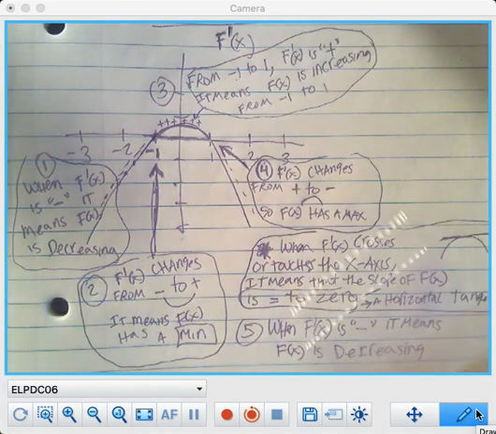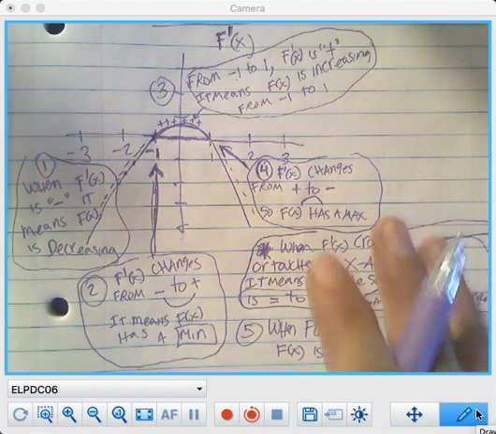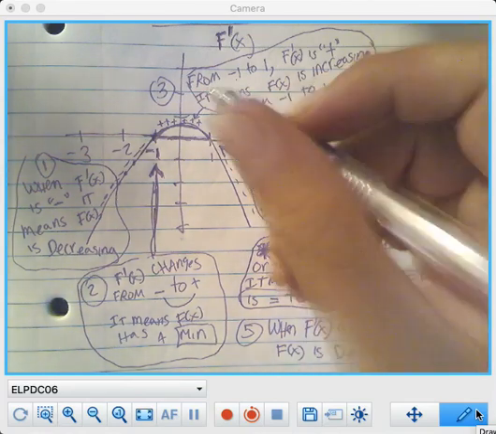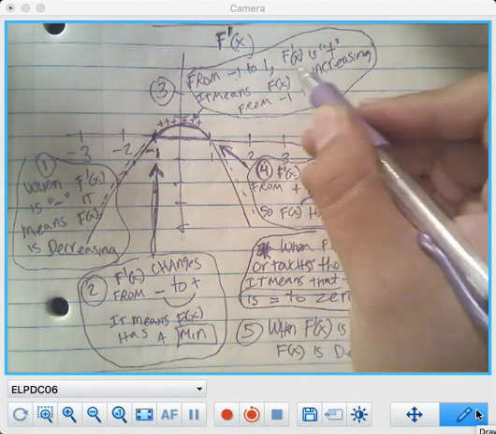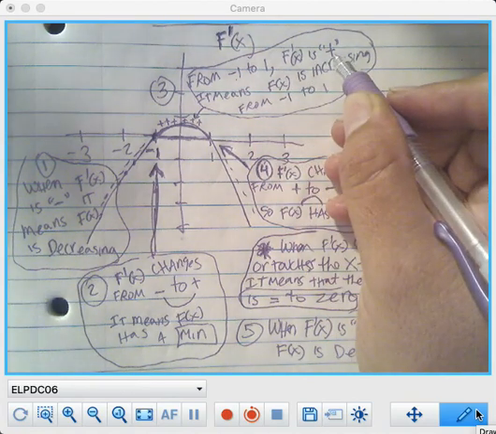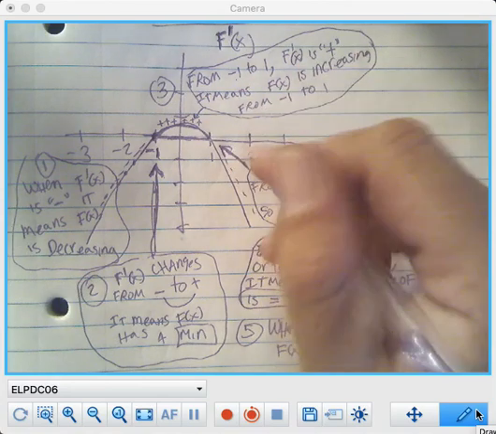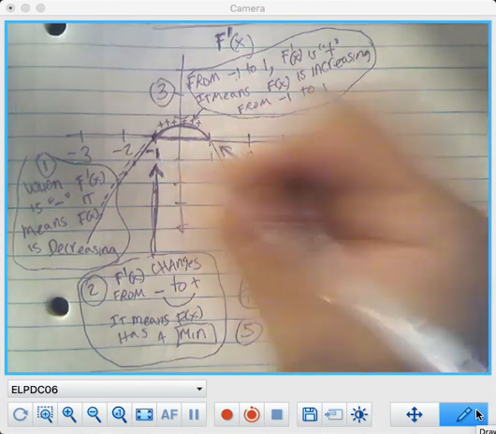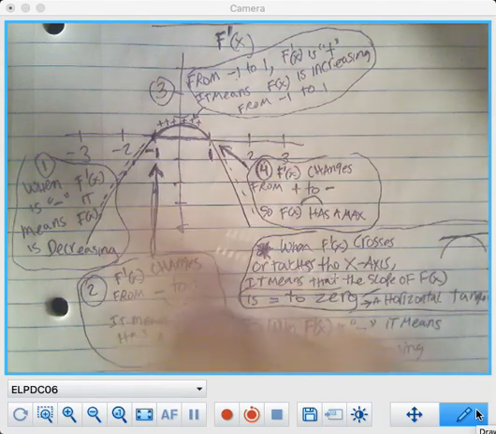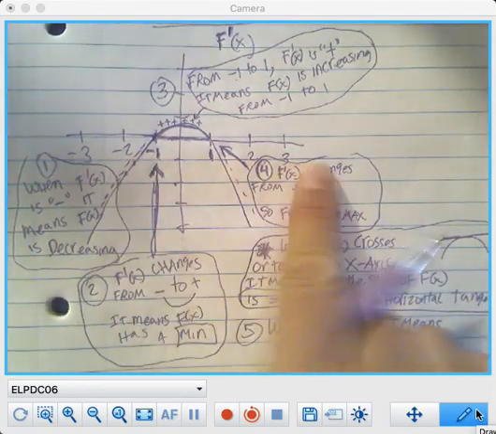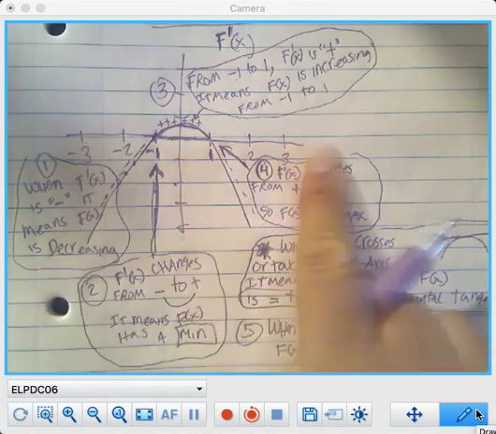Okay. Again, if you don't understand, you'll understand a little bit more when I finish this problem. Number 3. From negative 1 to 1, f prime is positive. Let's talk about that. From negative 1 to 1, and remember, all the numbers that we're talking about mean we're only talking about the x, not the y, only the x.